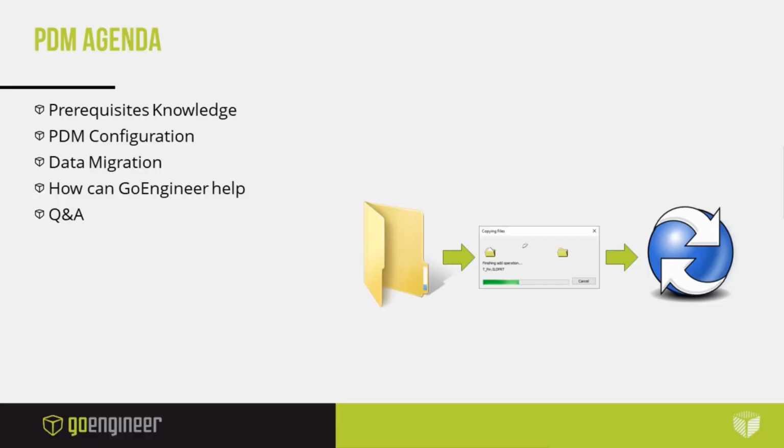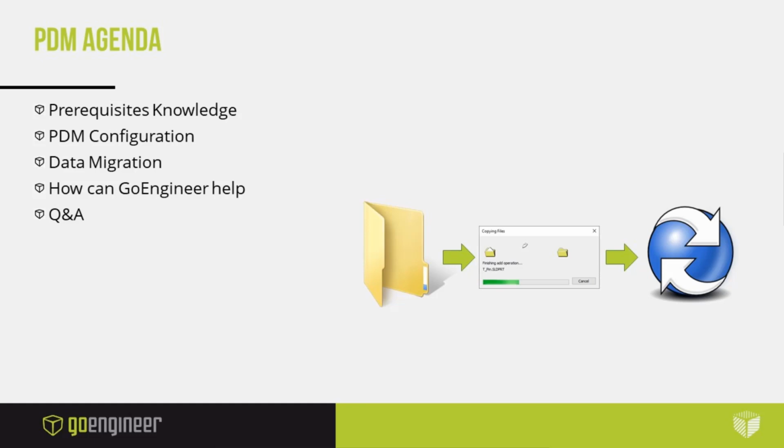Thank you for joining us. And just a quick agenda for today. We'll be going through some prereq knowledge, some of the things you need to know, or a little bit of stuff that you should study before you start trying to attempt any kind of data migration, some of the pre-processing and potentially post-processing stuff, the actual data migration process, and then how GoEngineer can help.